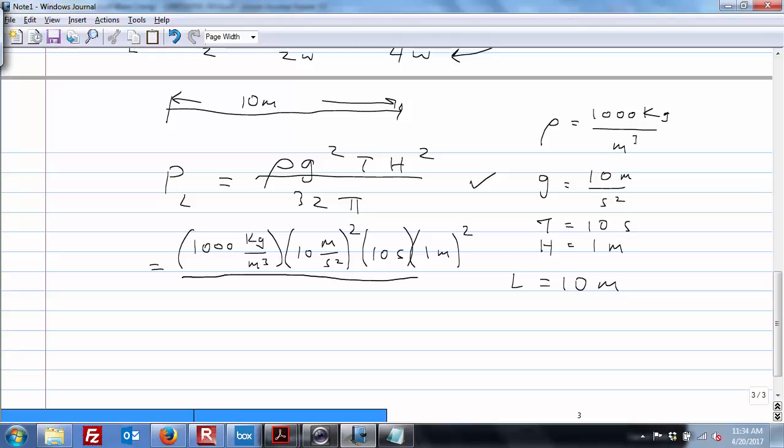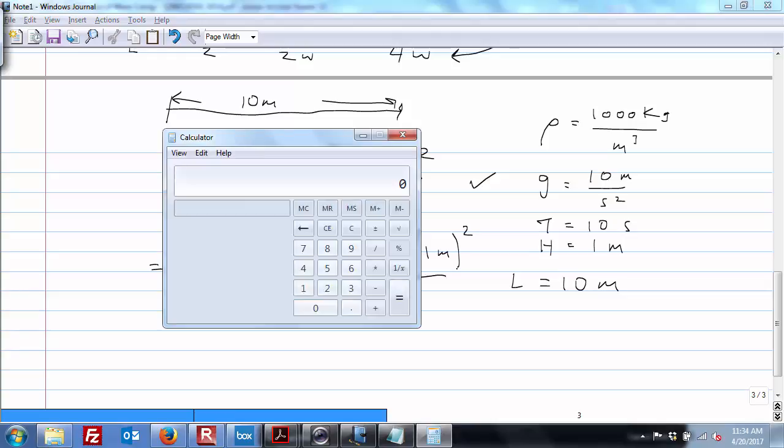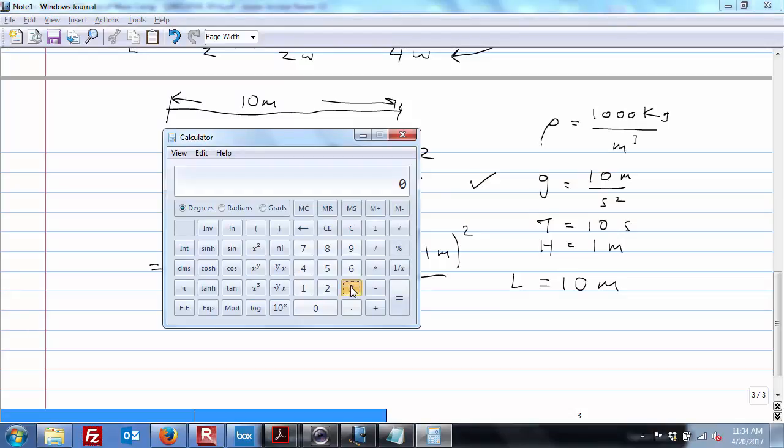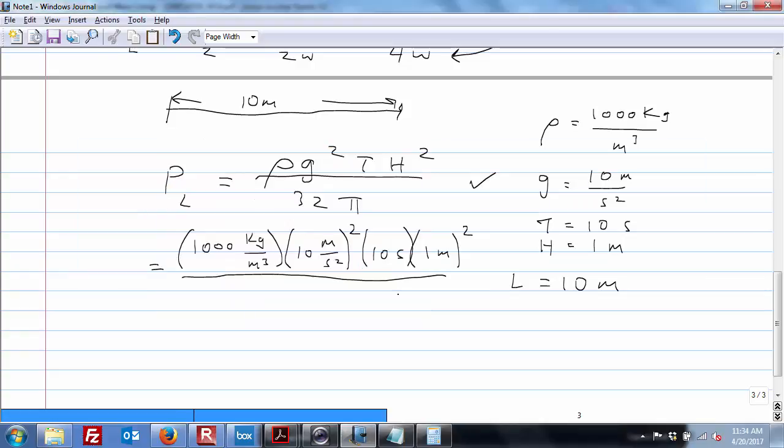And then down here we have 32 pi. Let's just see if we can get a slick number for that. 32 times pi equals, I like 100. 100 sounds good to me. Okay, so here's 100.